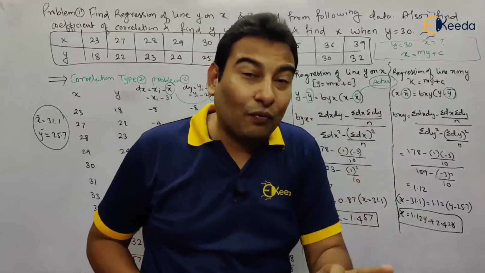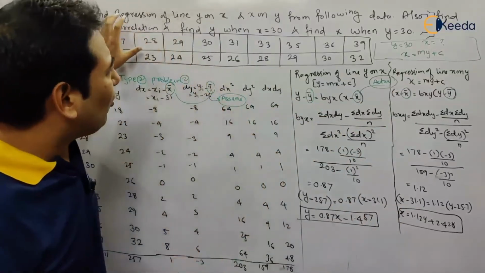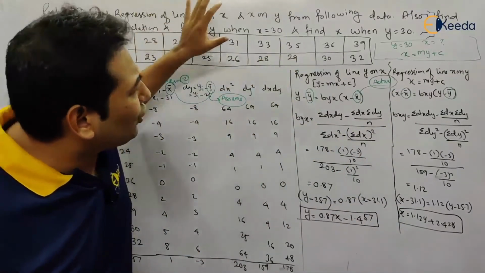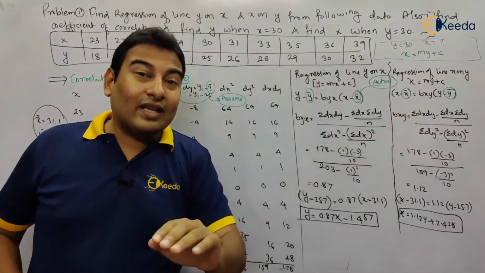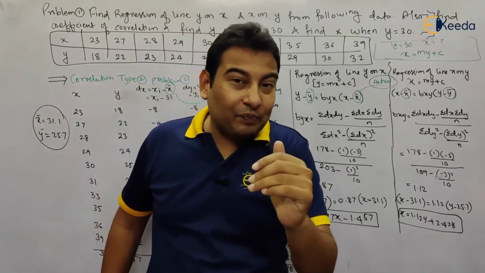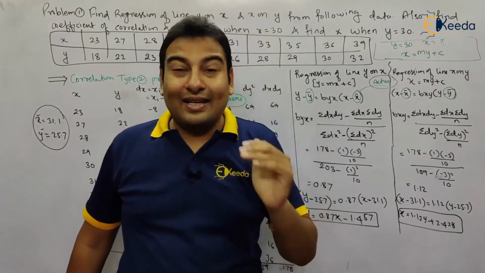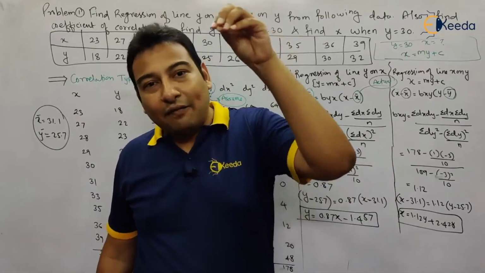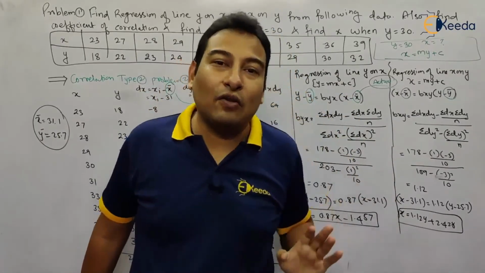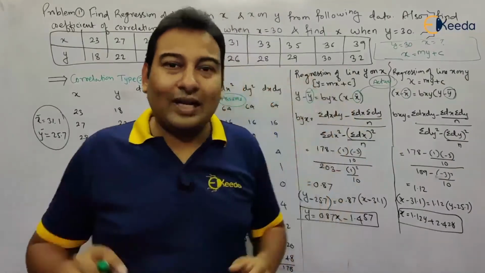So please make a note of it, because in this problem a lot of things are given and the question is straightforward. But if y is given and you need to find x, first we need to find regression of line y on x, and after that if I put the value of x, then I'm going to get the value of y. So this picture should be clear in your mind.